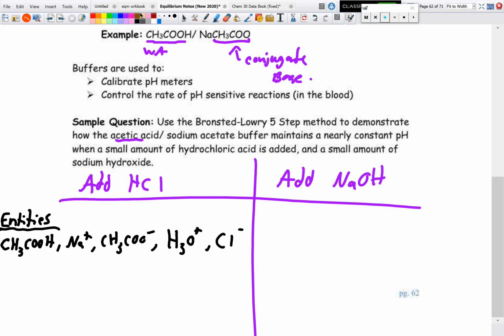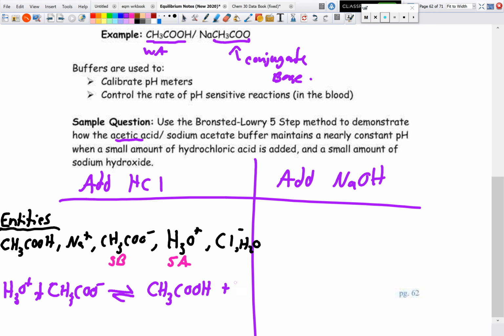Now, from here, you're going to go to your data booklet. You are going to find that our H3O+ is our strong acid, and the strongest base, I forgot to add water as well, sorry about that. That's also an entity, but that won't react because our strongest base is going to be our acetate right here. So what happens is that our conjugate base in our buffer, our sodium acetate or our acetate, can actually take the hydronium ion from our hydrochloric acid and it can neutralize it.